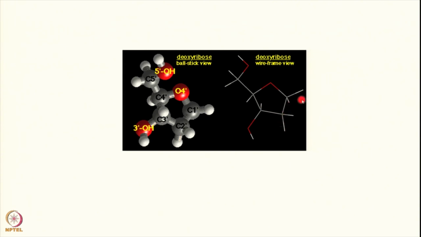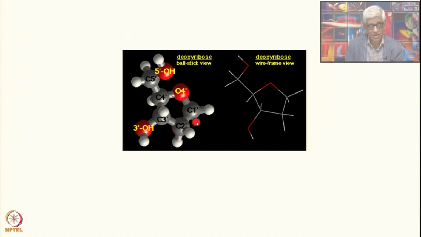So there is 1 hydrogen and 1 oxygen in the case of RNA, that is ribonucleic acid. In the C2 prime in DNA there are 2 hydrogens, labelled H2 prime and H2 double prime, and in RNA you only have H2 prime, you do not have H2 double prime.